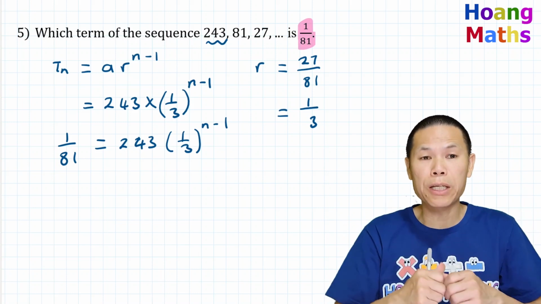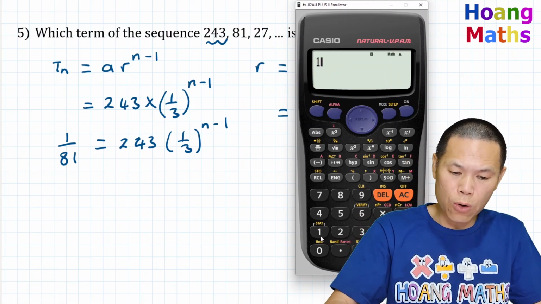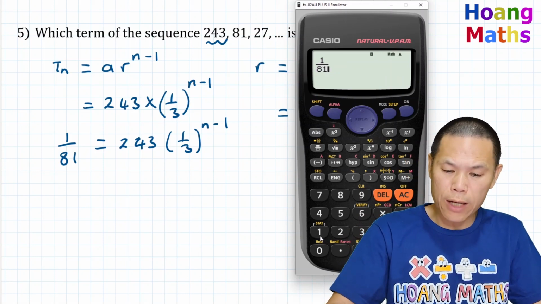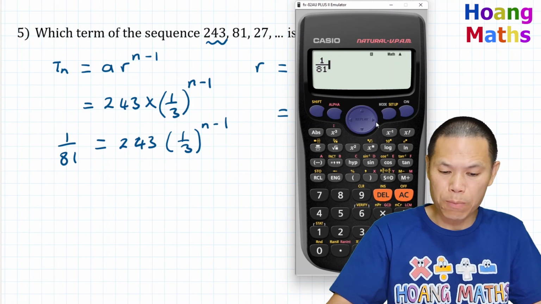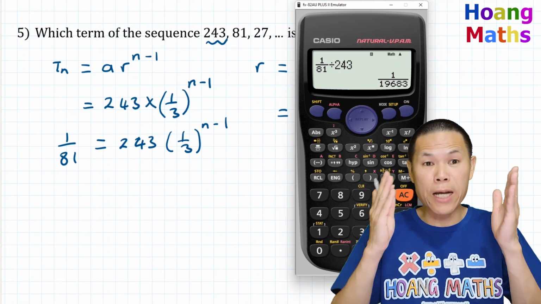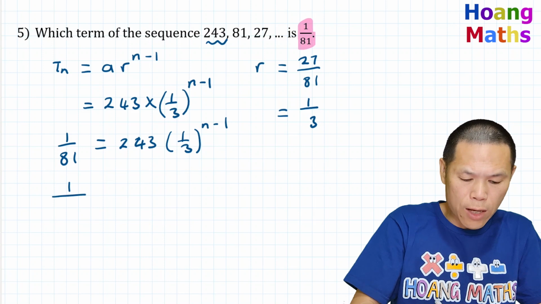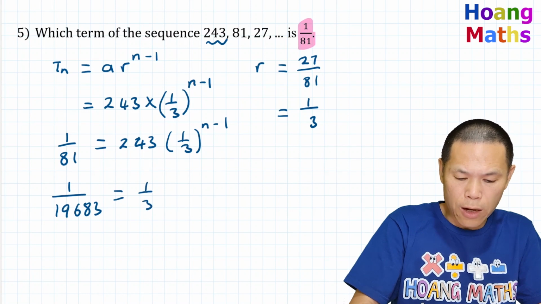I can just simply use a calculator: 1 over 81 divided by 243. So there you go, 1 over 19,683 is equal to 1/3 to the power of n minus 1.